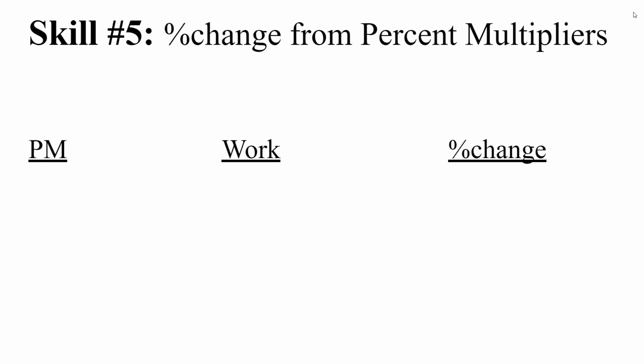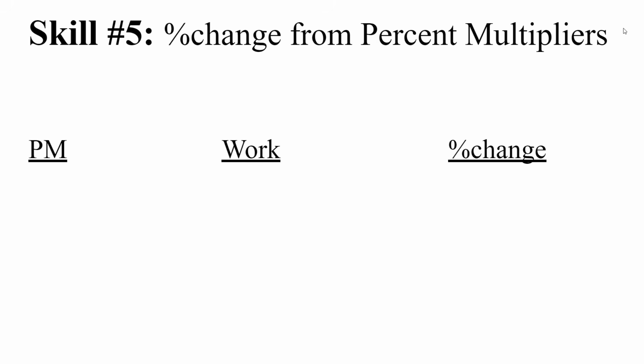Okay, so skill number 5 is percent change from percent multipliers. So what we just did, where we took the percent change and found the percent multiplier, now we're going to do the opposite. You quite literally need to know how to do this forwards and backwards.